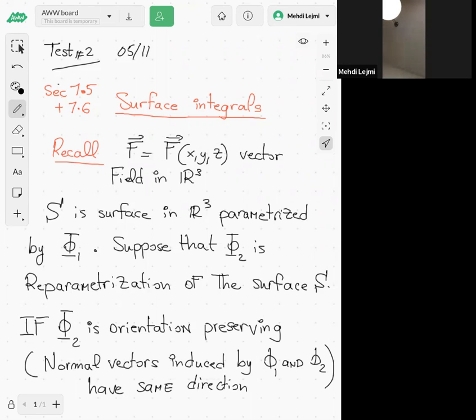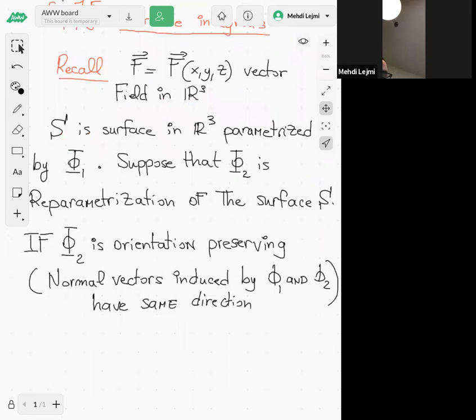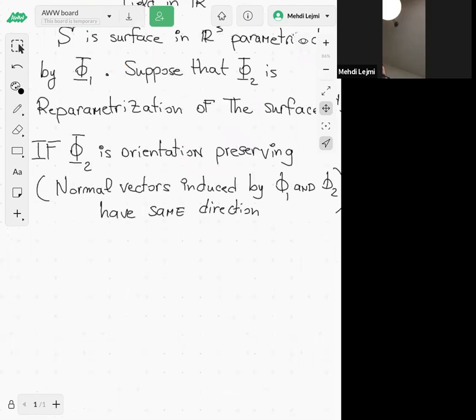All right. So if phi 2 is an orientation preserving reparameterization, then your vector surface integral doesn't change.